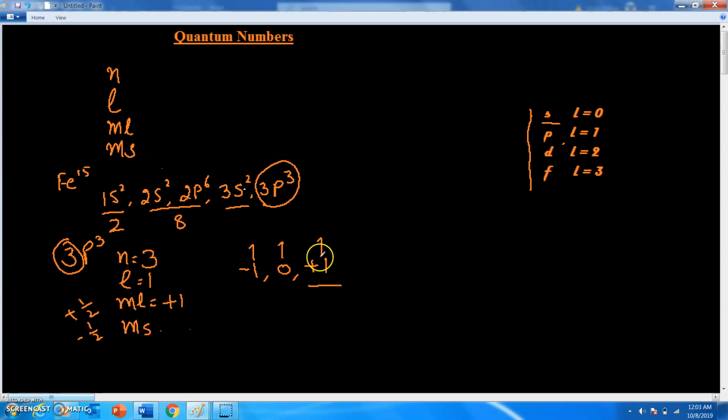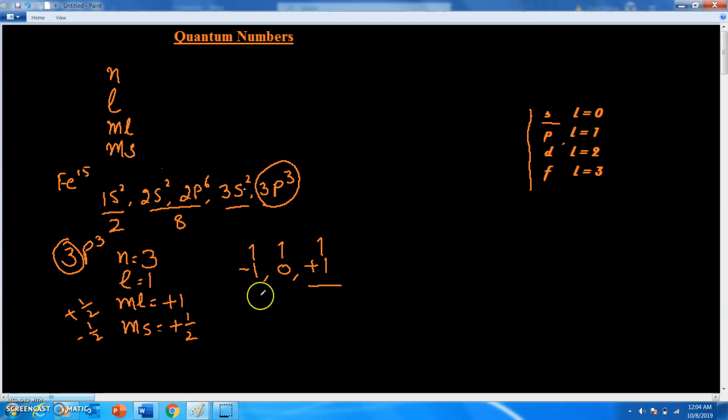So if the spin is upward, for the last electron, it will be +1/2. In this way we can find the 4 quantum numbers of an element.